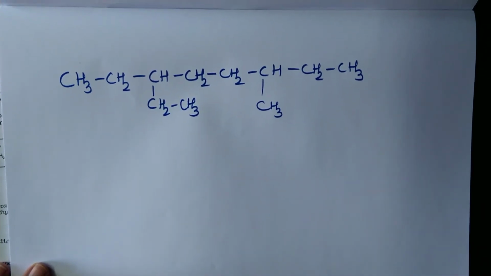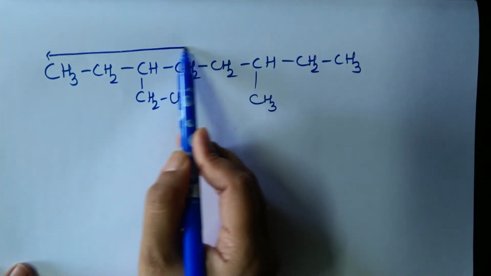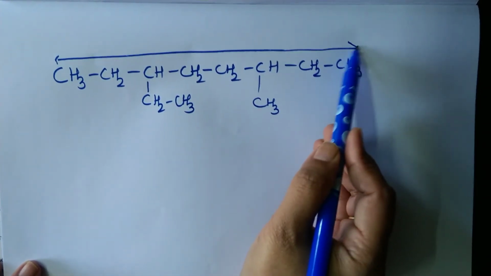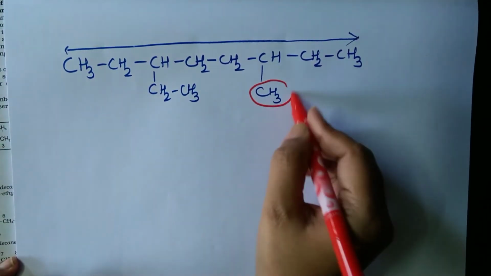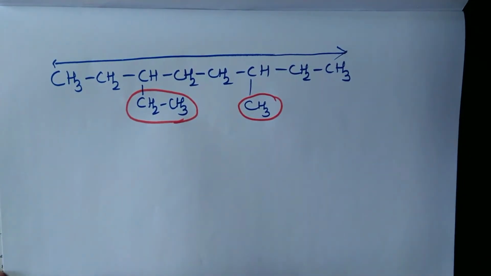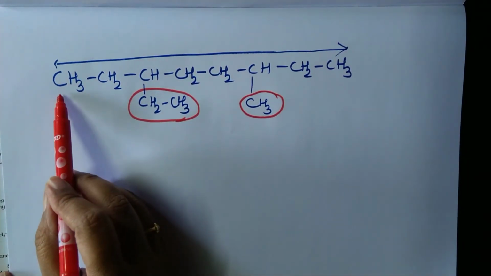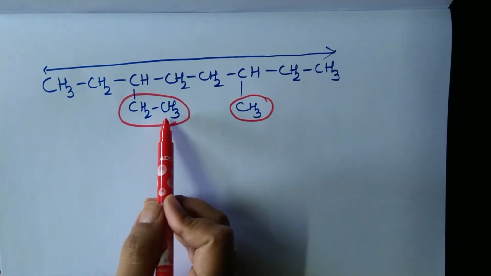In this particular example, on analysis we come to know that this is the longest carbon chain, and which are the substituents? CH3 and C2H5. We will try to find the positions. If I number it from this side, 1, 2 and 3, the ethyl group gets the third position.